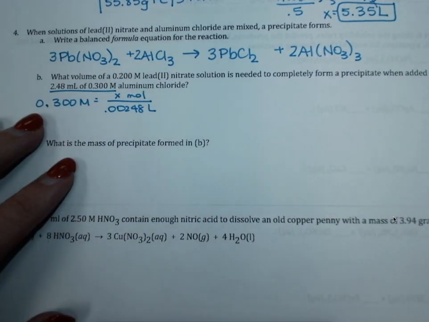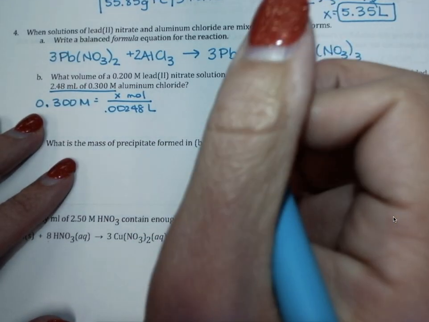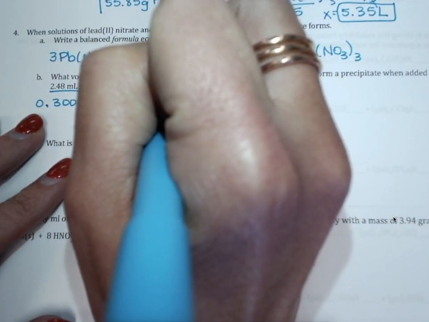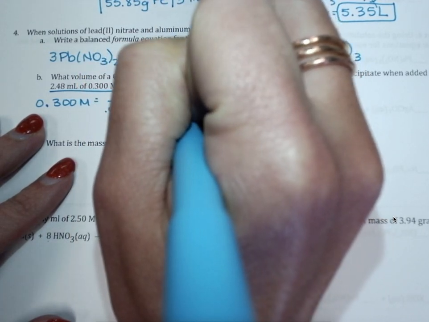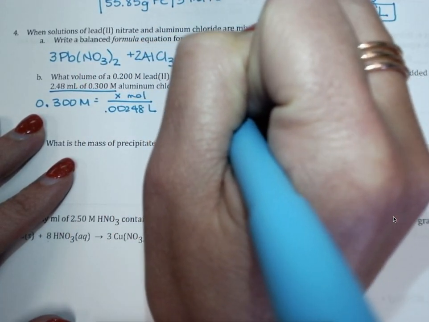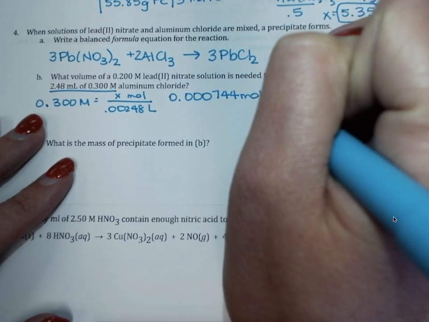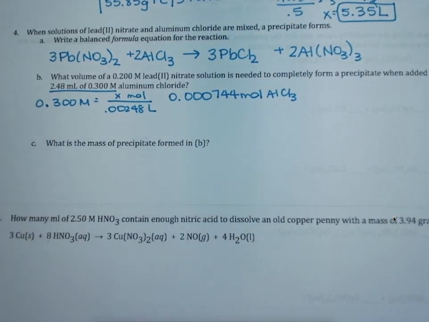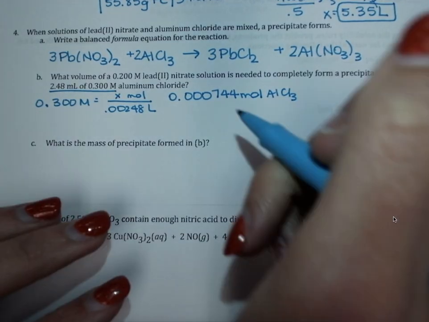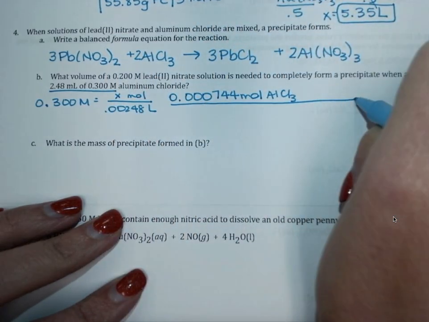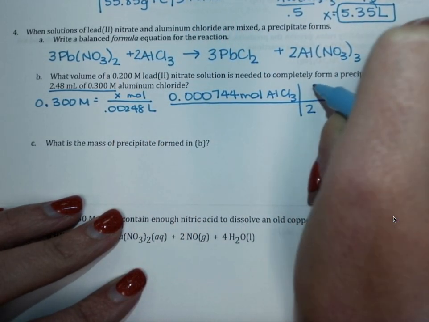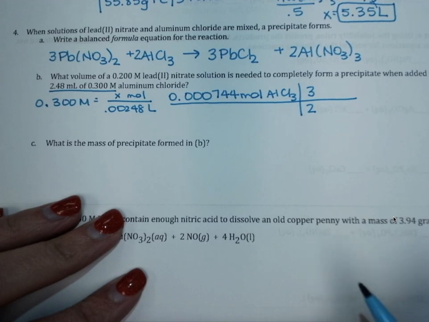This is going to give me a small number, 0.000744 moles of aluminum chloride. Aluminum chloride is in a 2 to 3 mole ratio with the lead nitrate.